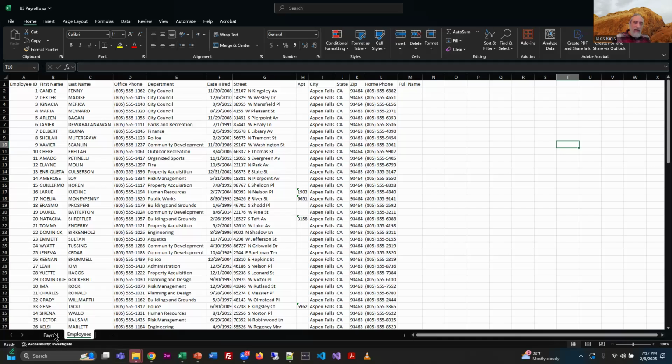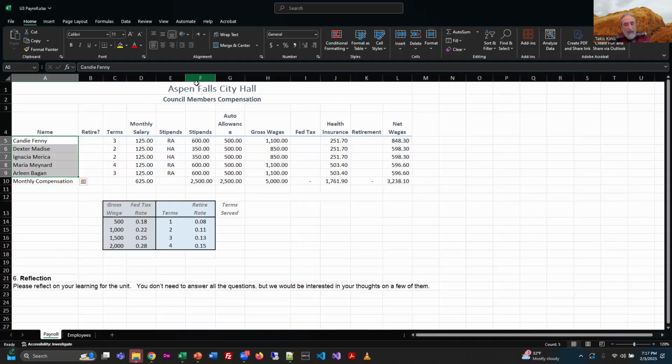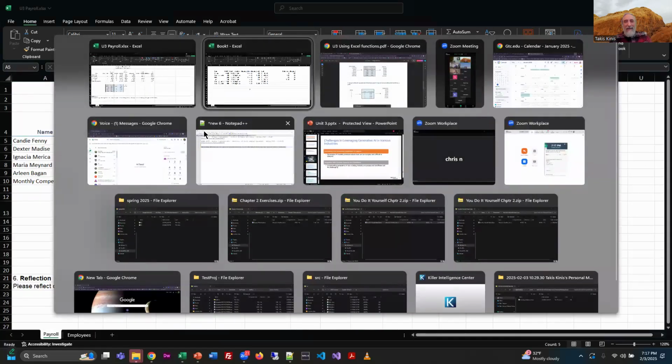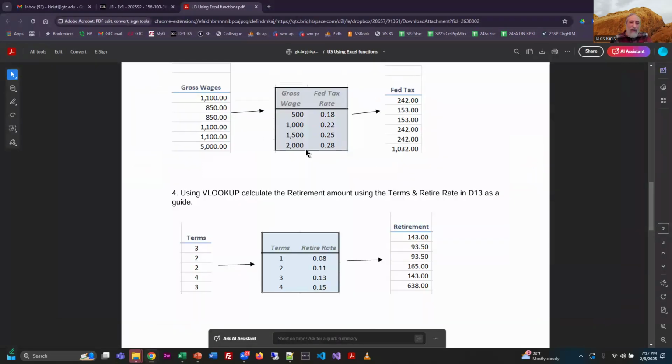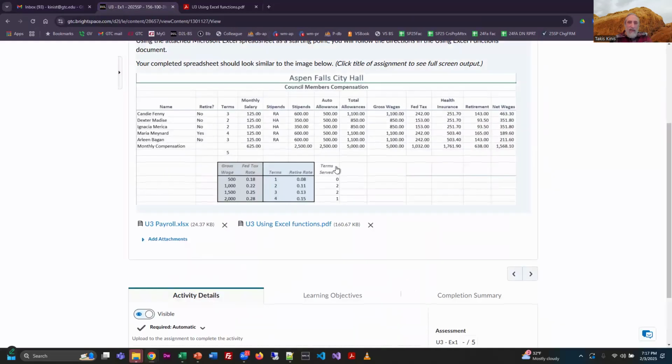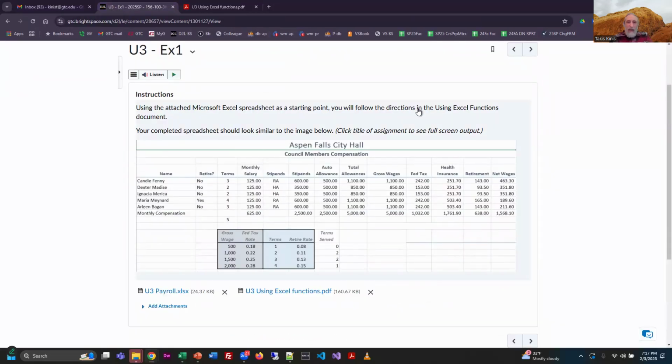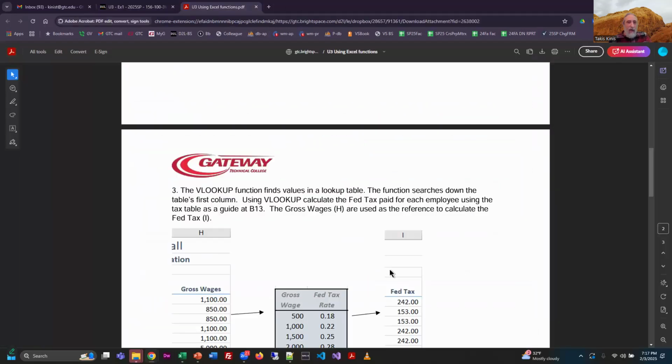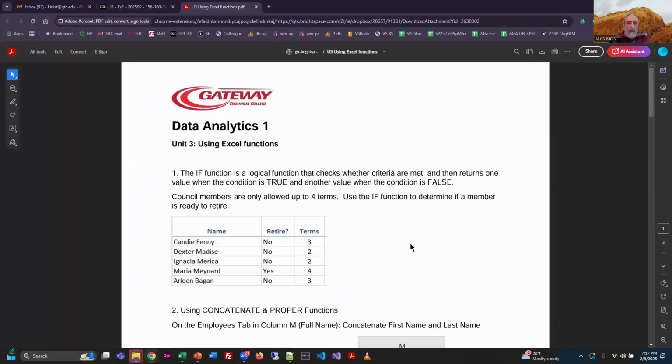So let's look at the instructions again, because now, after looking at the information a little bit, the instructions might make more sense. It says to use a spreadsheet as a start point, and follow directions in the Excel functions document for your completed spreadsheet. So you have to go here to get the instructions, right?